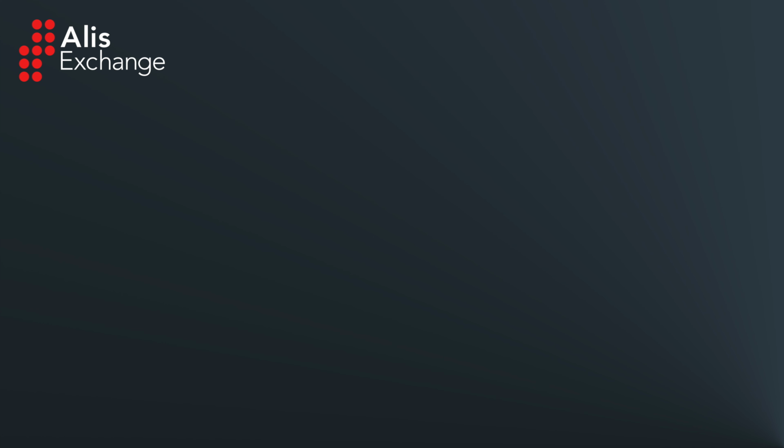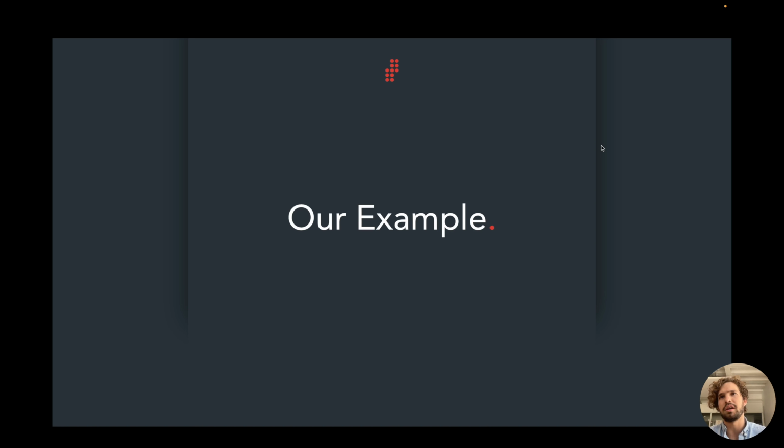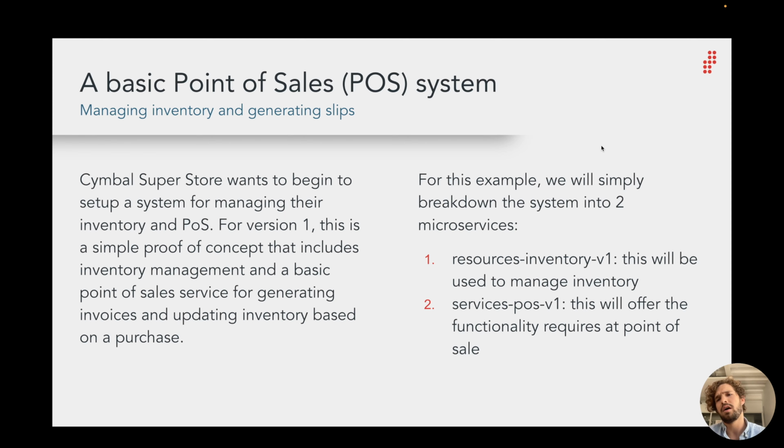So I'm now briefly going to touch on the example that we're going to be using throughout this tutorial, which is going to be a super simple point of sale system for managing inventory and generating slips. And so there's this superstore that wants to begin to set up a simple inventory and point of sale system.